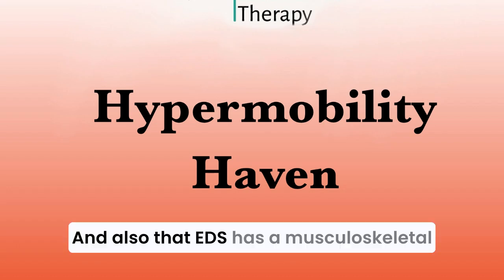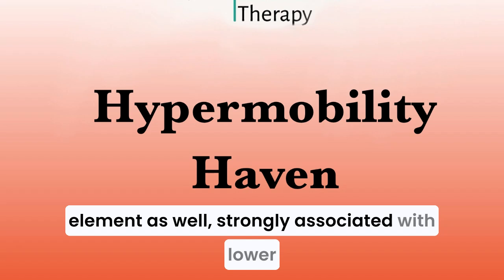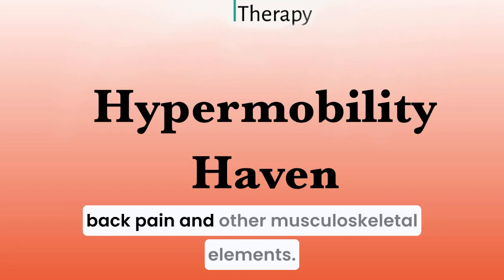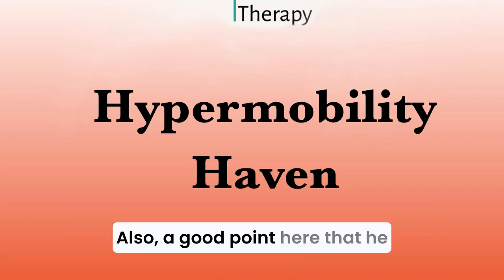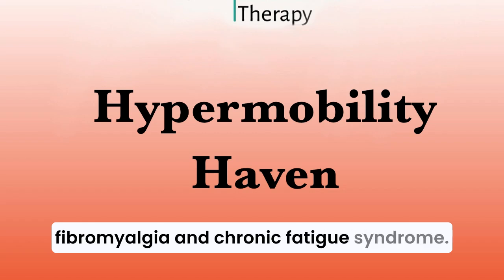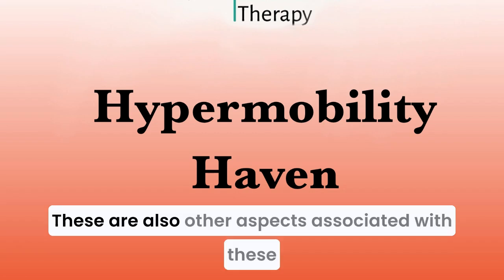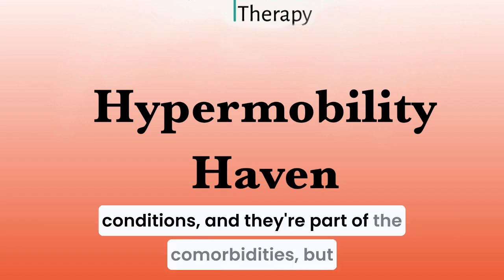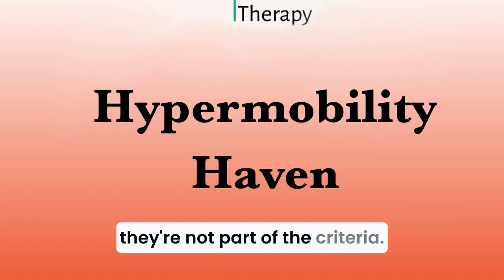And also that EDS has a musculoskeletal element as well, strongly associated with lower back pain and other musculoskeletal elements. Also a good point he makes is, we're looking at fibromyalgia and chronic fatigue syndrome. These are also other aspects that are associated with these conditions, and they're part of the comorbidities, but they're not part of the criteria.